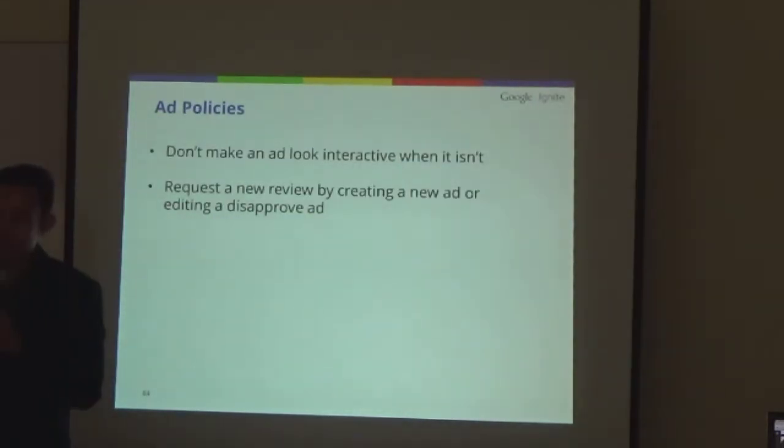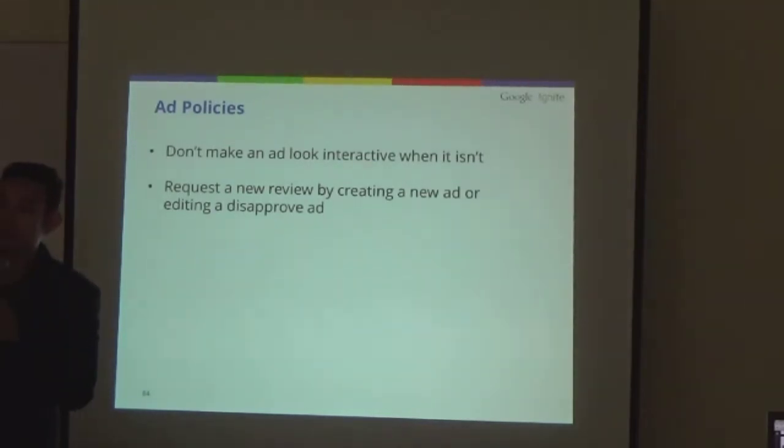Now, a couple of policies here. If you design an image, let's say you want to do an image for hotel booking. The image talks about reserve a room. And on that image, you have a picture that looks like a drop-down menu where you can select date and type of room, for example, on the banner.